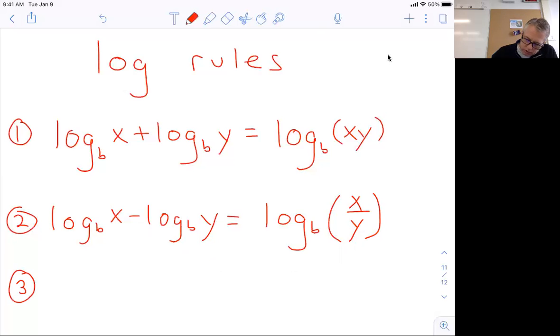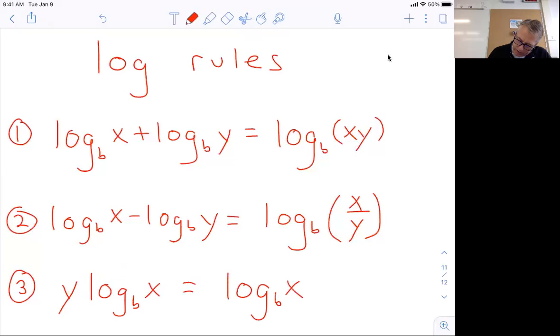And then our third rule, if we had something like y times log base b of x, this one's different. It's an exponent rule. That y becomes our exponent. So if it's written out front, we can write that as an exponent. That would be log base b of x to the y power.